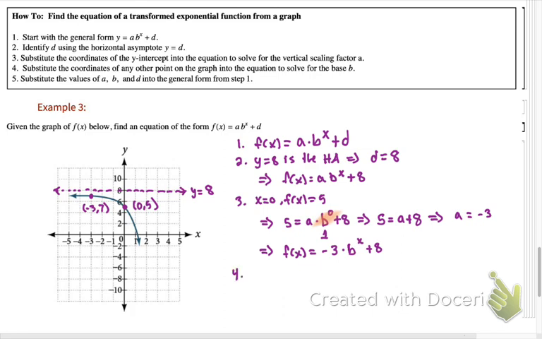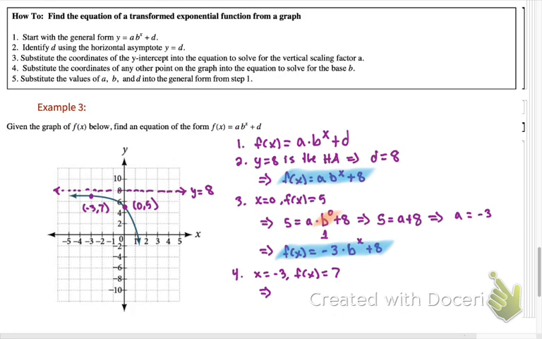Okay, step 4. We're going to use the coordinates of that other point on the graph. When x is negative 3, f of x is equal to 7. After step 3, f of x was negative 3 times b to the x plus 8.